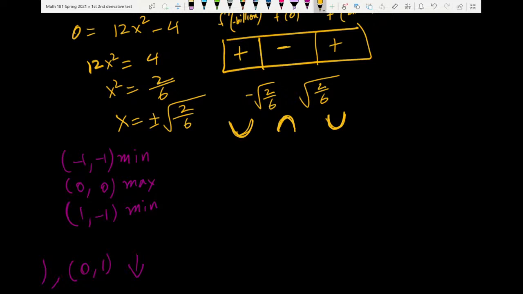Now, can we try to graph this given all this information? All right, before I do the next part of this problem, ask questions.